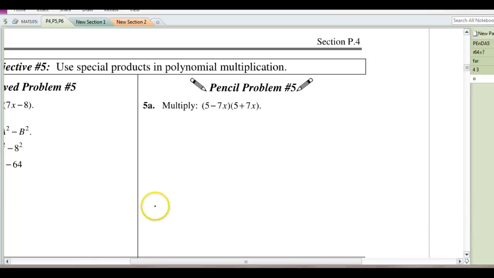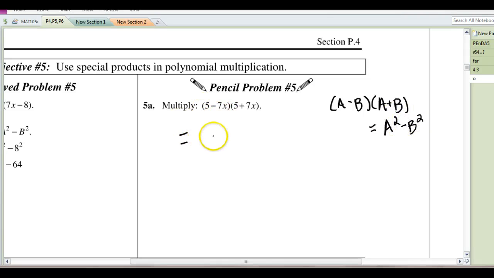Another one, this one we can do the same way, but if you remember, this is an example of what I called the conjugate. So you might remember that formula a minus b times a plus b, which we'll also be using next section to factor, gives me a squared minus b squared. So you might be able to jump on this one and say, okay, I know it's going to be 5 squared minus 7x squared, 25 minus 49x squared, but we can do it the long way too.